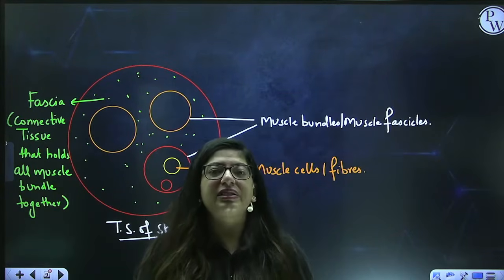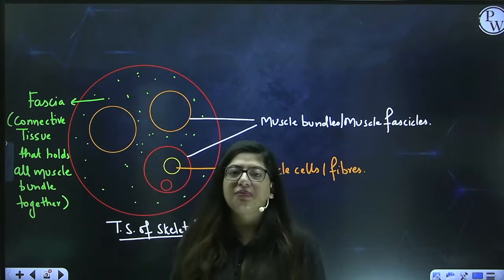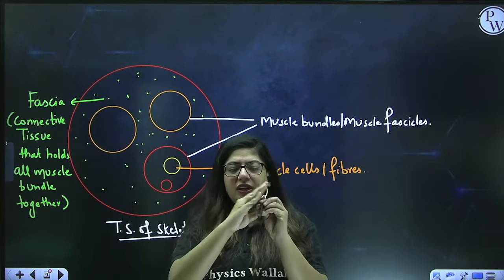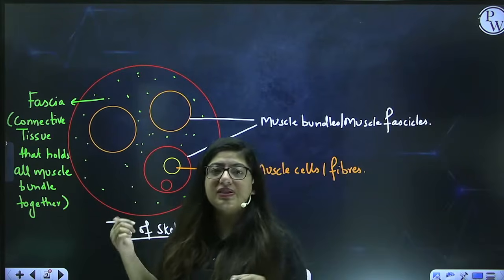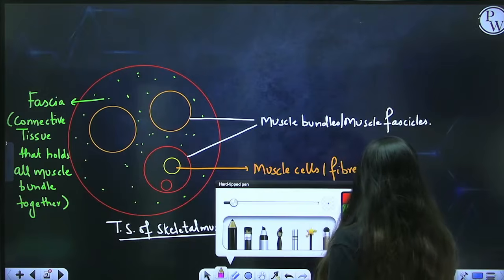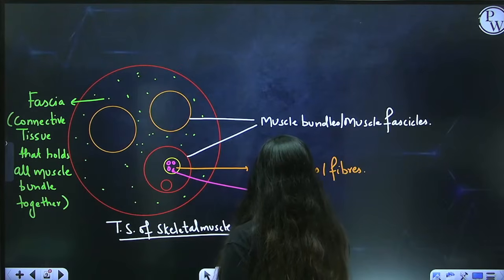So we say that muscle cells are also cylindrical. For example, if this is a muscle, it's cylindrical, and if I take a transverse section, it appears circular. As you can see, these are muscle fibers or muscle cells. Inside them are present small myofibrils. What are these? Myofibrils.